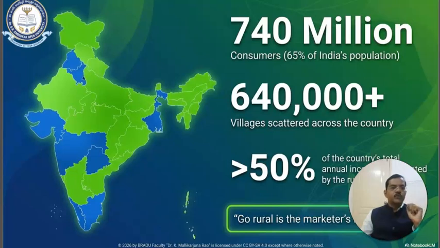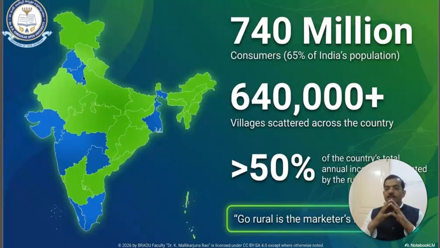Now we'll move to the market with numbers, because they tell the real story. Rural India is home to about 740 million consumers. 65% of the total population lives in villages, friends. There are 640,000 plus villages scattered across India.